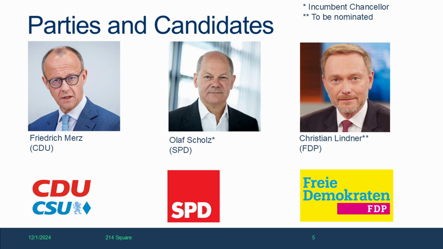These are the Christian Democratic or Christian Social Union parties. Then there's the Social Democratic Party with current Chancellor Olaf Scholz. And also there's Christian Lindner. He was the Minister of Finance under Chancellor Scholz. And he is also the leader of the Free Democratic Party, the FDP.